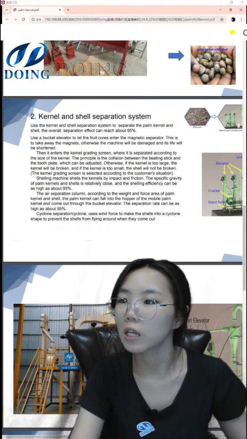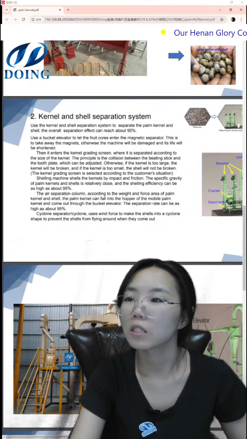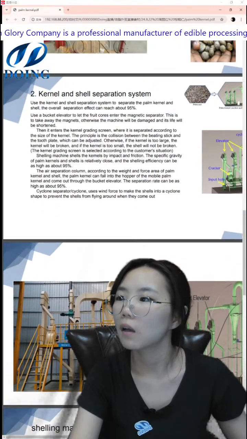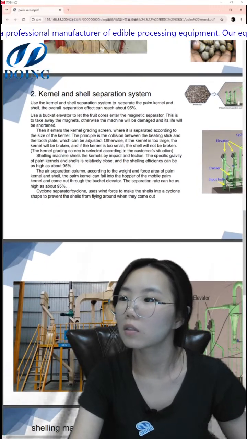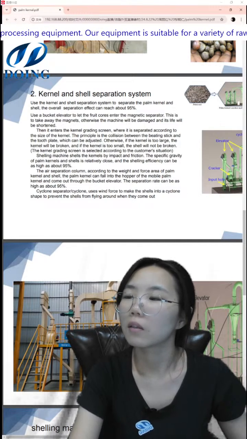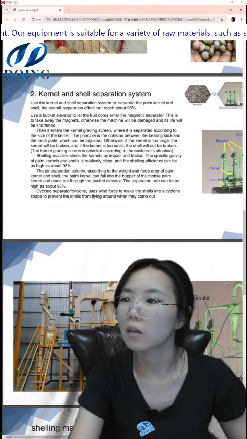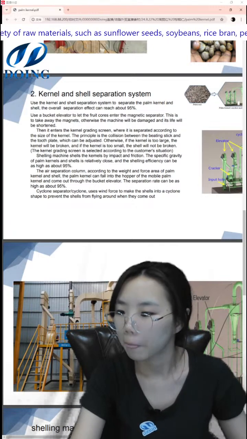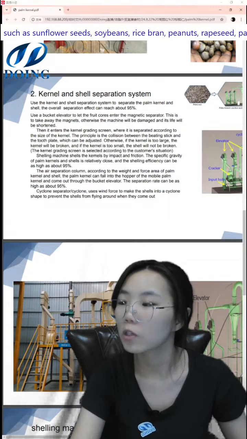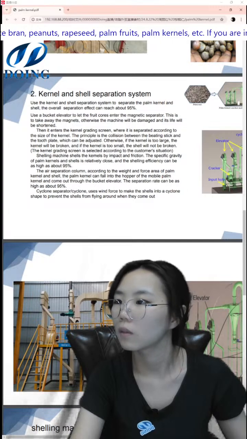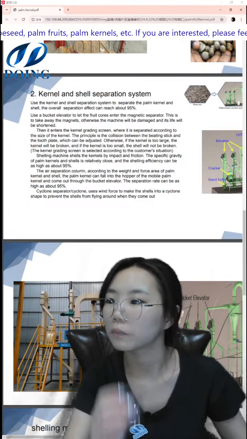Otherwise, the machine will be damaged and its life will be shortened. And then it enters the palm kernel grading screen, where it is separated according to the size of the kernel.